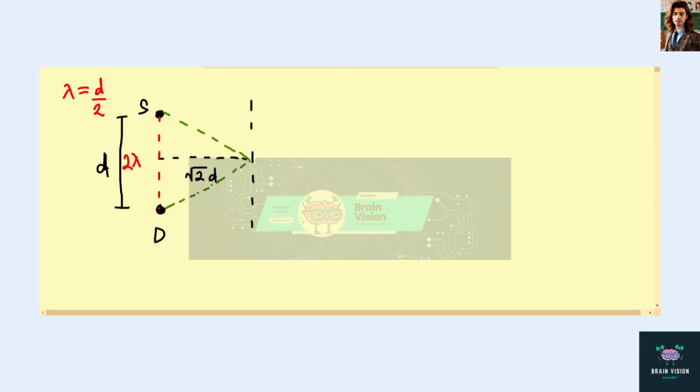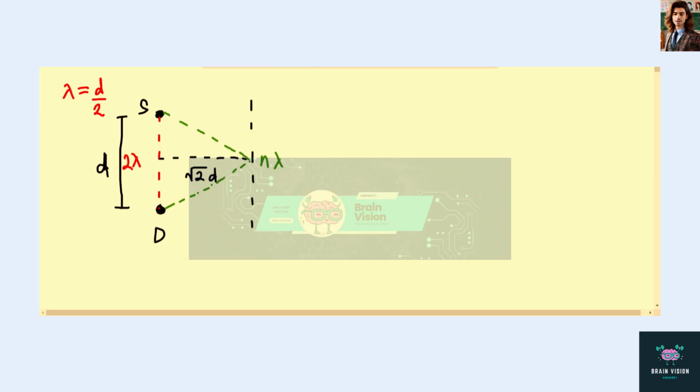The overall length of that green path has to be n times the wavelength, n being some integer. So perhaps 3, 4, 5, 6, we don't know.